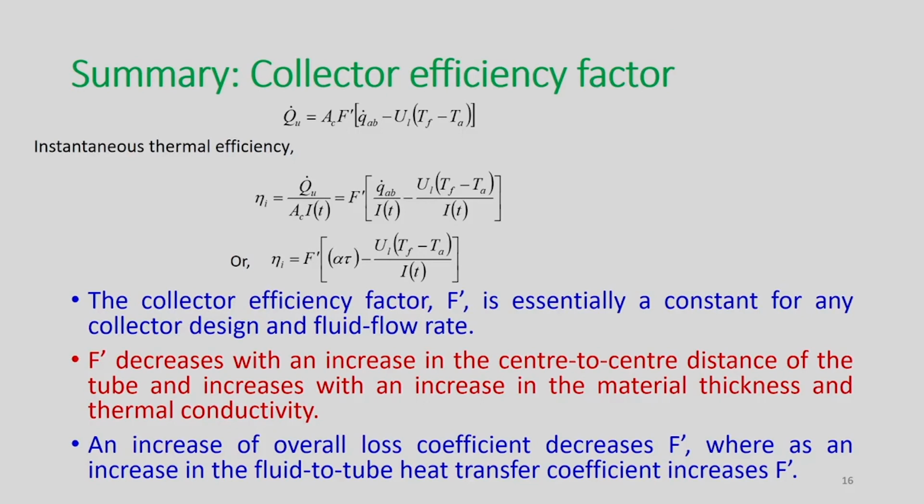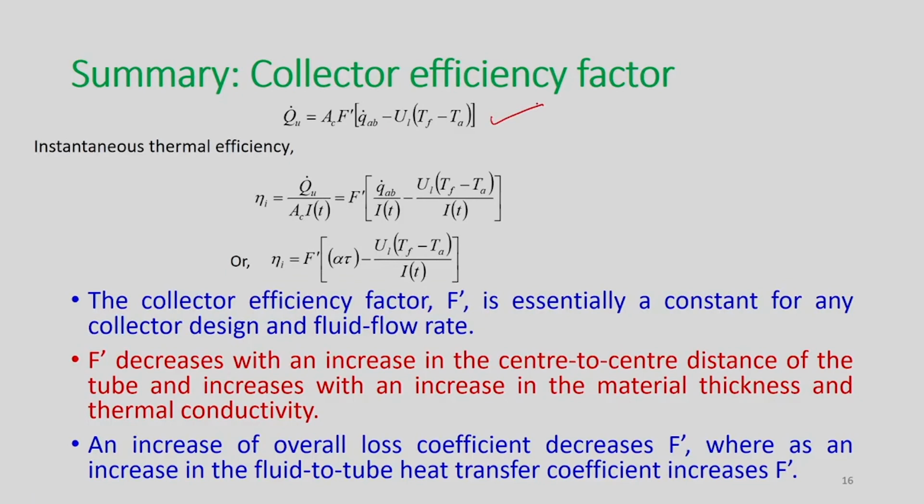Now, if we summarize about collector efficiency factor, it goes something like this. We have learned how to calculate QU, and also we can calculate instantaneous thermal efficiency, okay. So this expression will be something like this if we express in terms of F dash. So this collector efficiency factor F dash is essentially a constant for any collector design and fluid flow rate, okay.